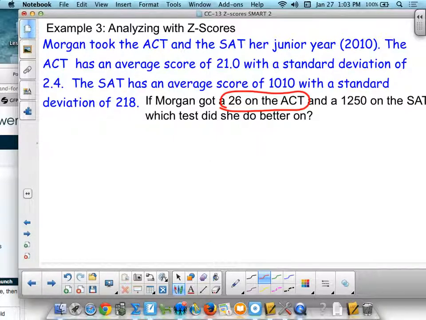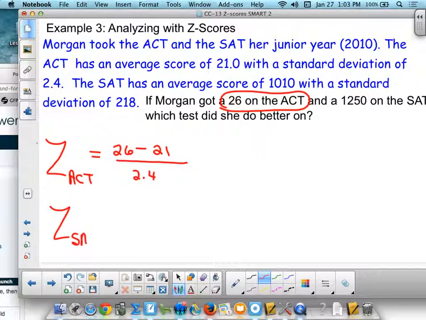26. So here's what I would do if I were you. Calculate the Z-score for her ACT, which would be 26 minus the average. The average was 21. Standard deviation, 2.4. Then I do the SAT.